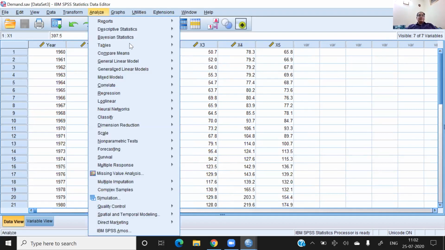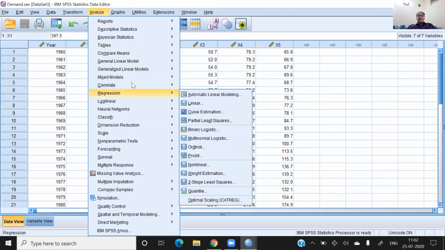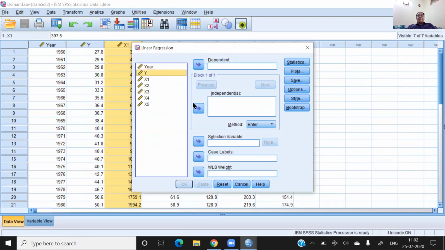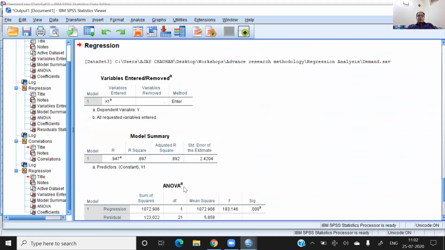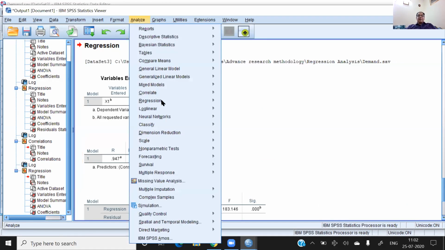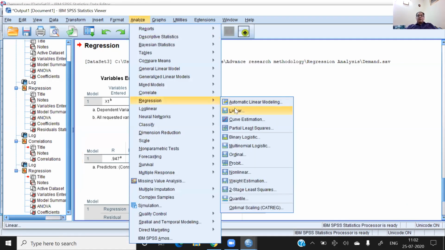So let me analyze regression, linear. Y is my dependent variable and x1 is my independent variable. You can see the result that adjusted R square is 982 and R square is 897. Now I am adding a new independent variable in the regression model.